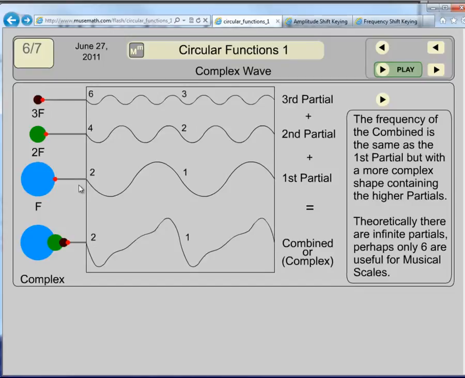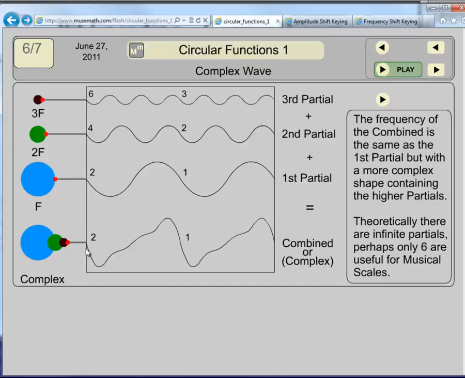Note that the wave labeled F is a pure sine wave. The wave labeled 2F is a pure sine wave with lower amplitude but higher frequency. The wave labeled 3F is also a sine wave with even lower amplitude and higher frequency.